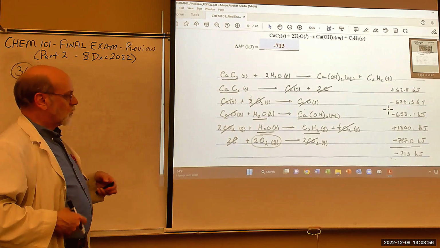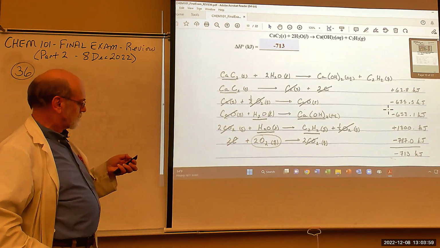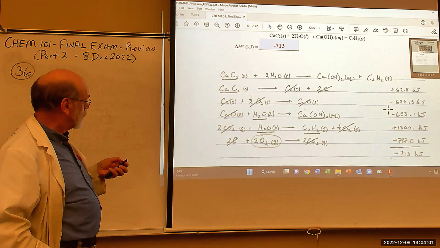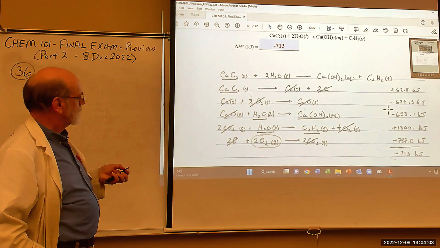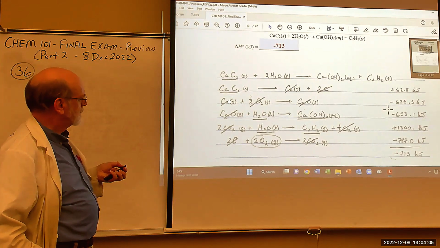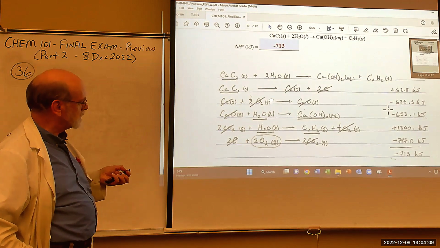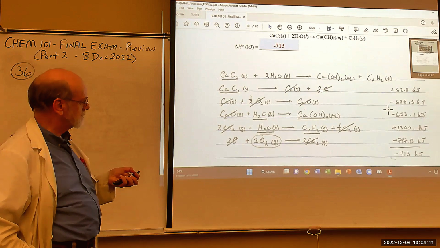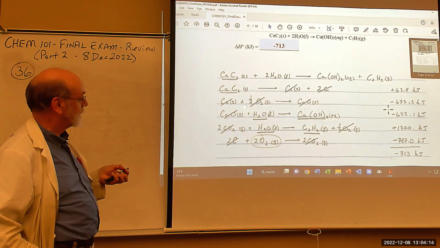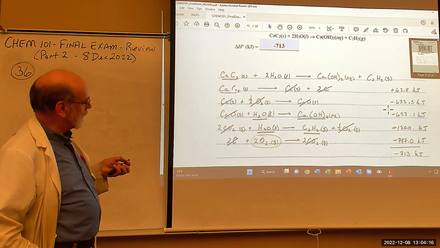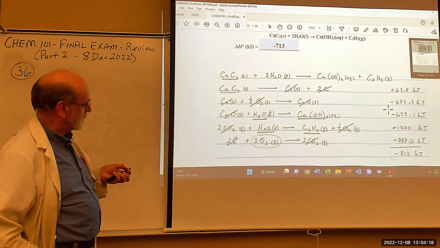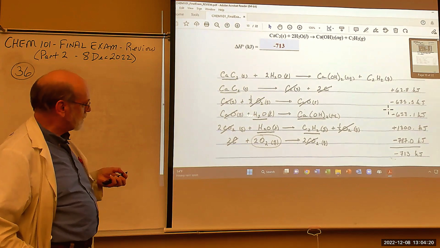Okay, so we follow that procedure and we make sure that we've got each one covered. In this case, none of these are in that equation. So this one must have been used to cancel one of these items here. So what I've done is underline the ones that are part of this equation. This one had to be multiplied by 2.